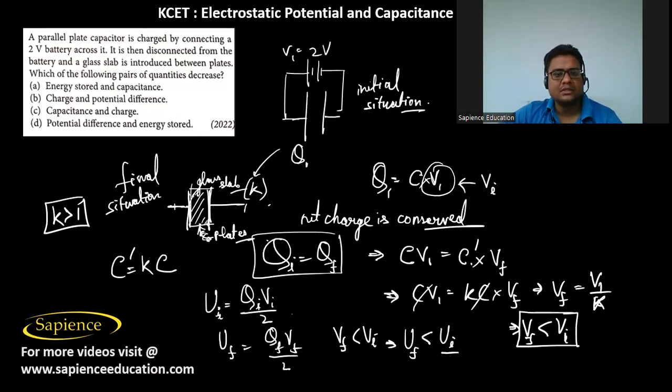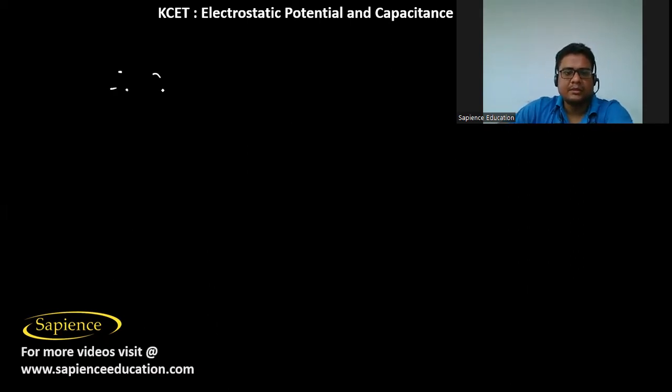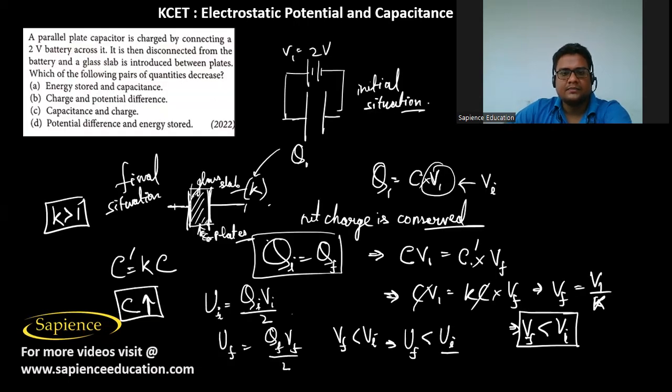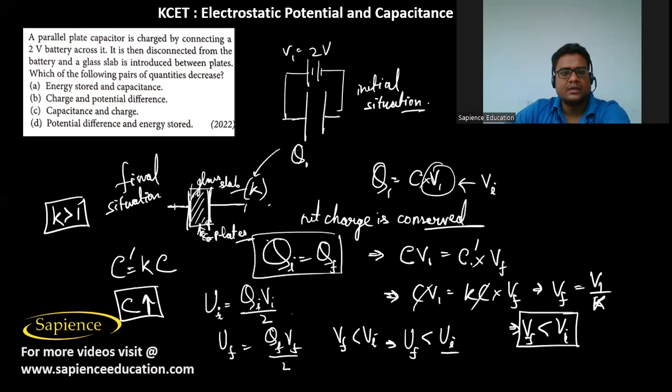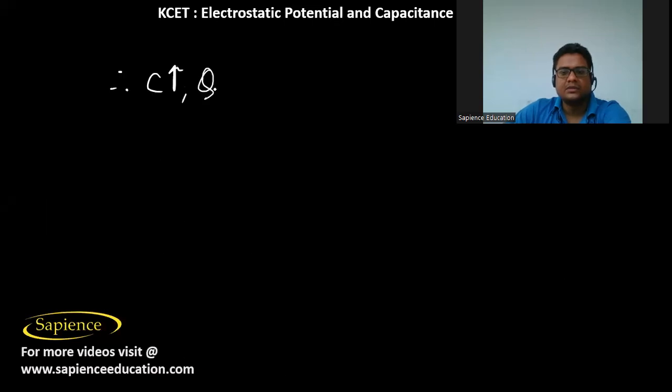It means the energy stored will decrease, the potential difference will decrease, and the capacitance will increase. So therefore, in this case, the capacitance increases and the net charge on the capacitor remains the same.